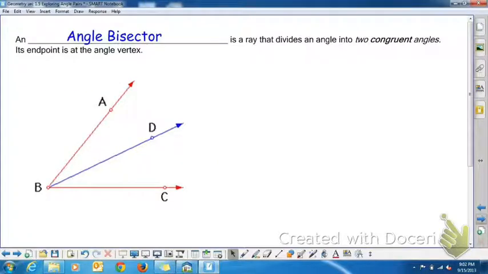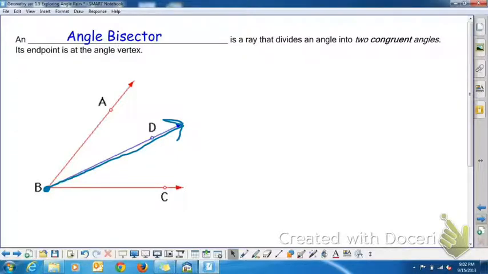Now let's talk about an angle bisector. Bisect is to cut something into two equal pieces. An angle bisector is a ray that divides an angle into two congruent angles. Its endpoint is at the angle vertex. So in this situation, ray BD is the angle bisector of angle ABC.